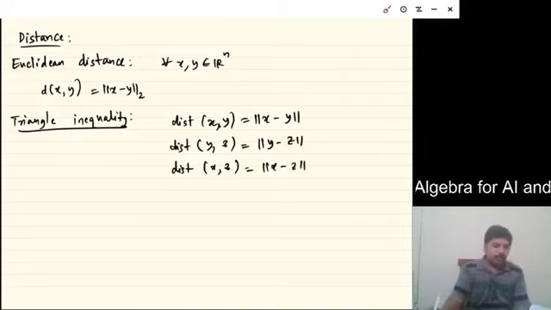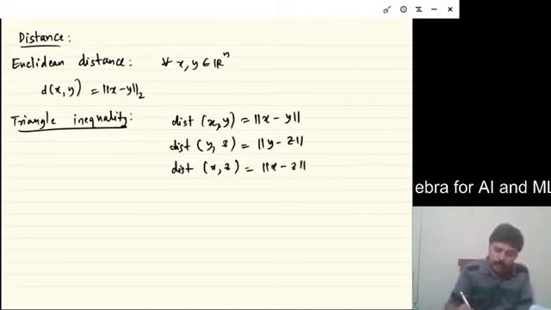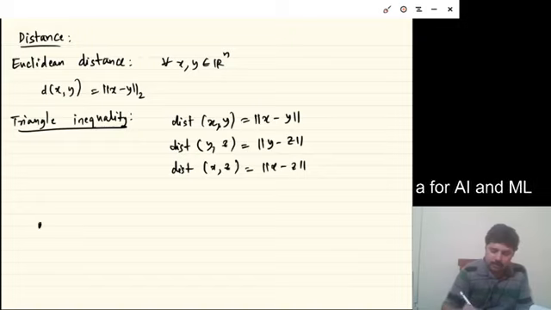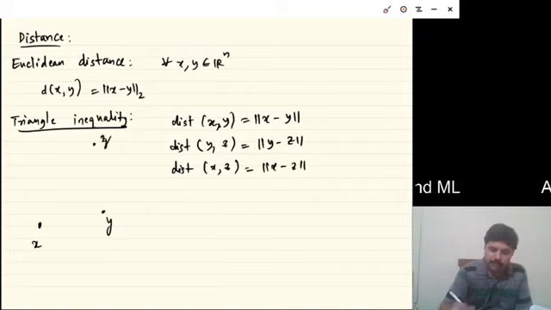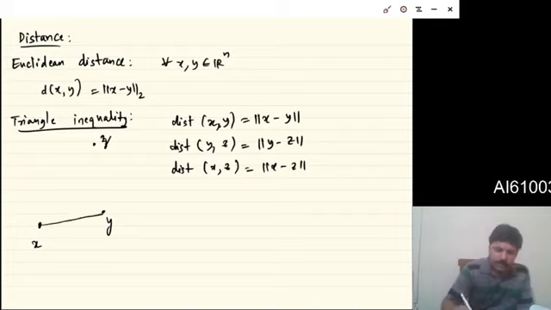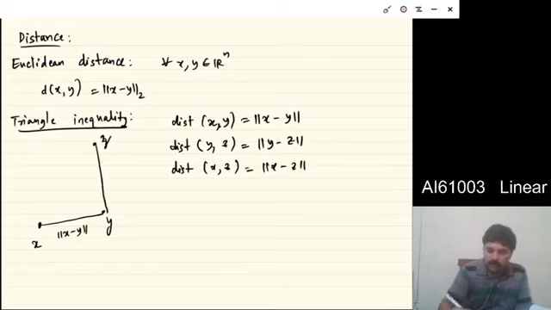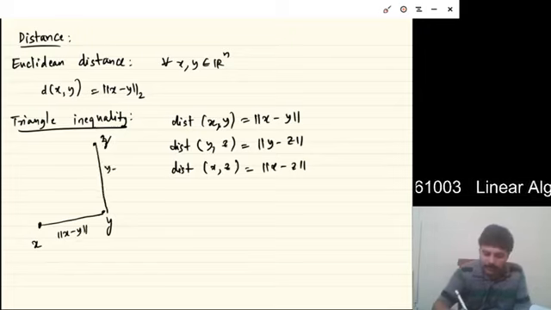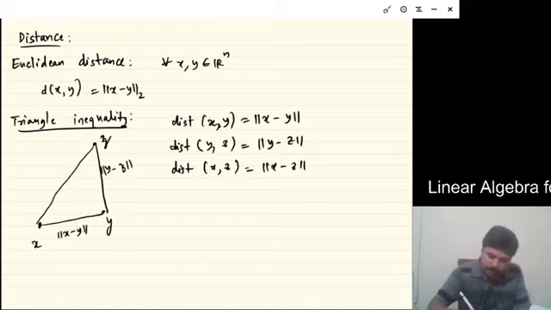That's what you have. So what is the triangle inequality really saying? Suppose this vector is x, this vector is y, and this vector is the z vector that we are looking at. Then the norm of this x minus y I am writing here in this particular way. So that's the distance. This is the distance y minus z, and this is the distance or the length x minus z.